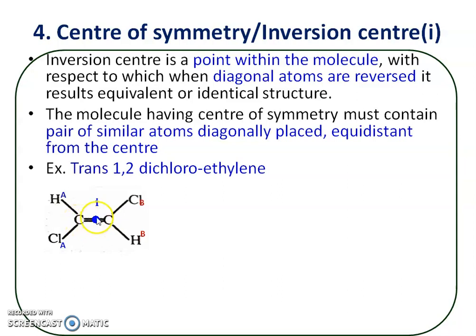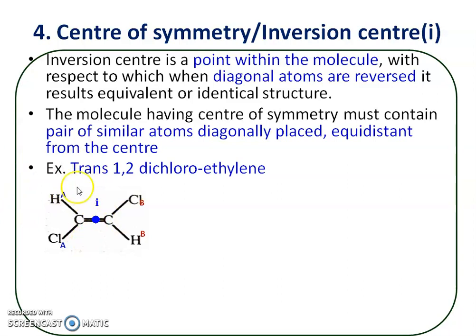Chlorine B and chlorine A are equidistant. Similarly, hydrogen A and hydrogen B are also equidistant, and these diagonal atoms are the same, chlorine and chlorine, hydrogen and hydrogen. Therefore this molecule fulfills the condition for a center of symmetry, and it contains an inversion center.